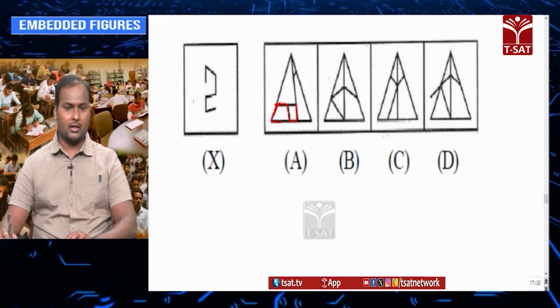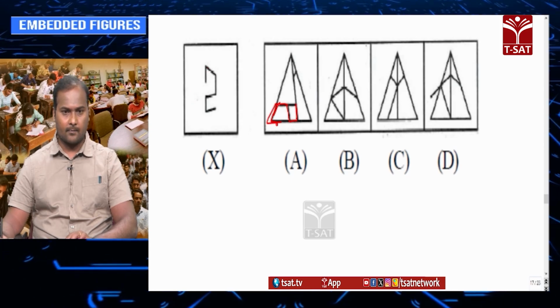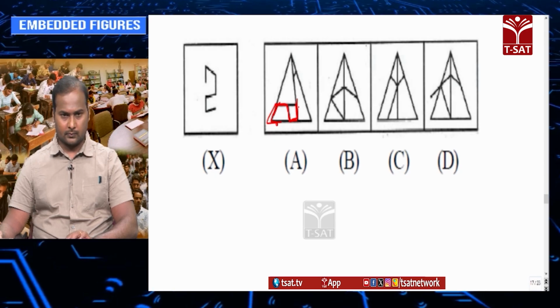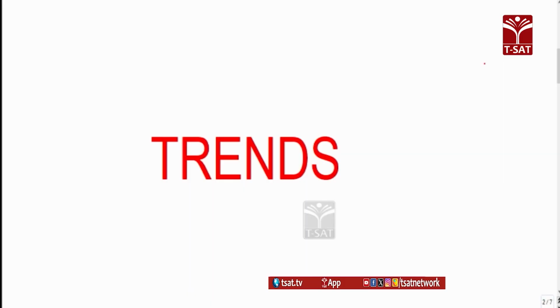The moment he rotated it anti-clockwise by 90 degrees, obviously you can see this figure is embedded in this particular portion. Till now, we saw embedded figure questions. Embedded means hidden. This particular question figure is embedded in the answer figures. So students need to observe the answer figures very carefully to find out the answer.